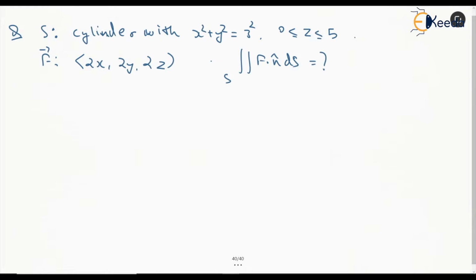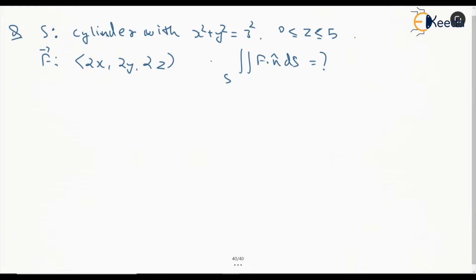Now very clearly mentioned, this is a cylinder and we are talking about the surface integral. They haven't explicitly mentioned that they want to talk about the surface top or bottom also, so we'll talk about only the lateral surface in this question.